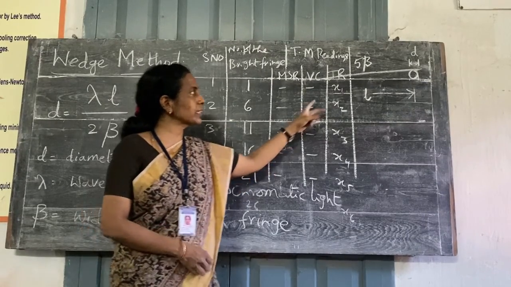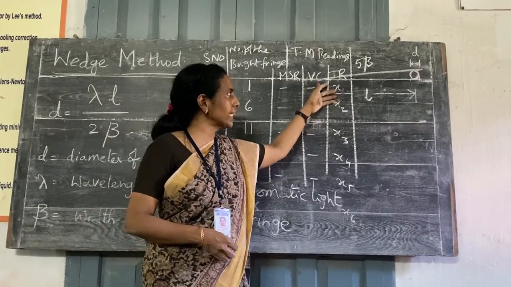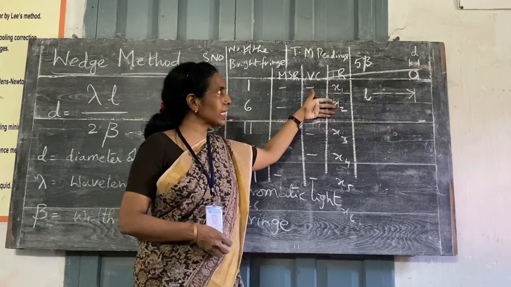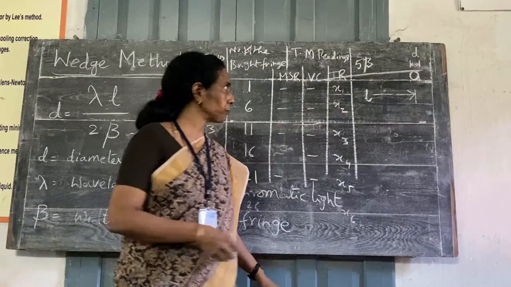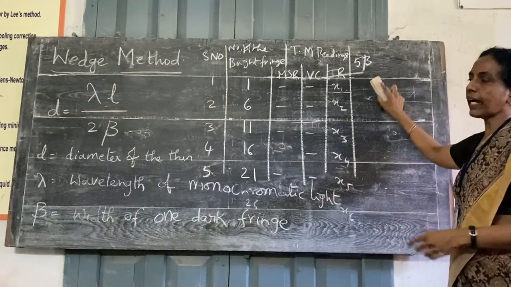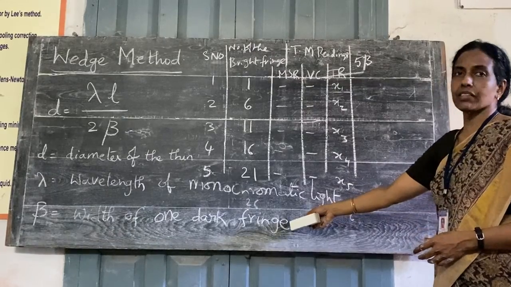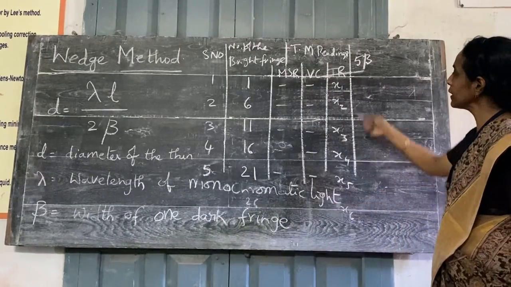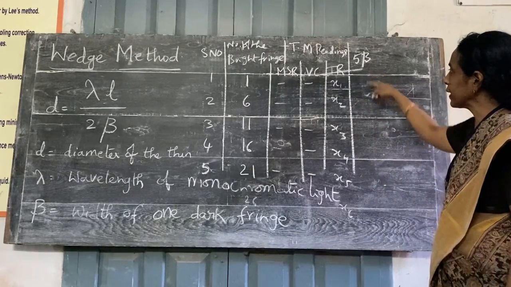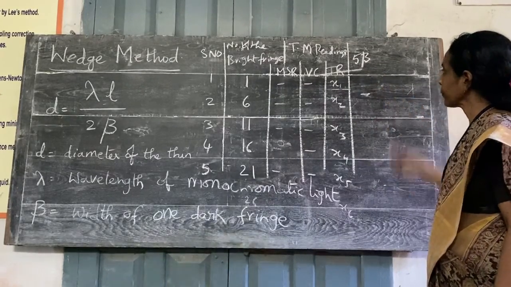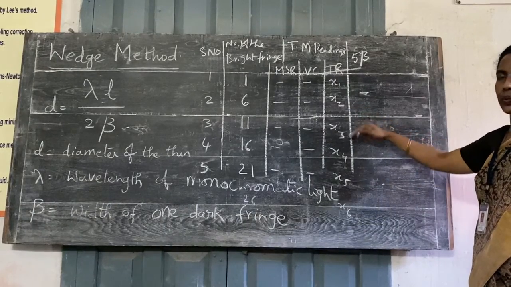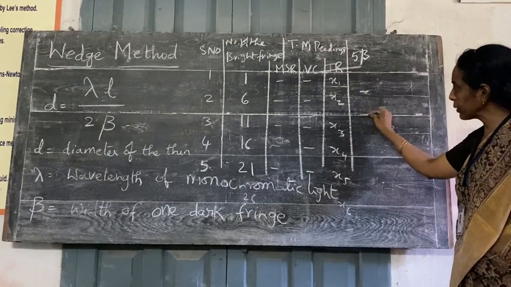We will take the difference between the first two readings, x1 and x2. This difference gives 5 beta, that is the width of 5 dark fringes. The difference between x2 and x1 gives 5 beta, one reading. Again, the difference between x3 and x2 gives another 5 beta.